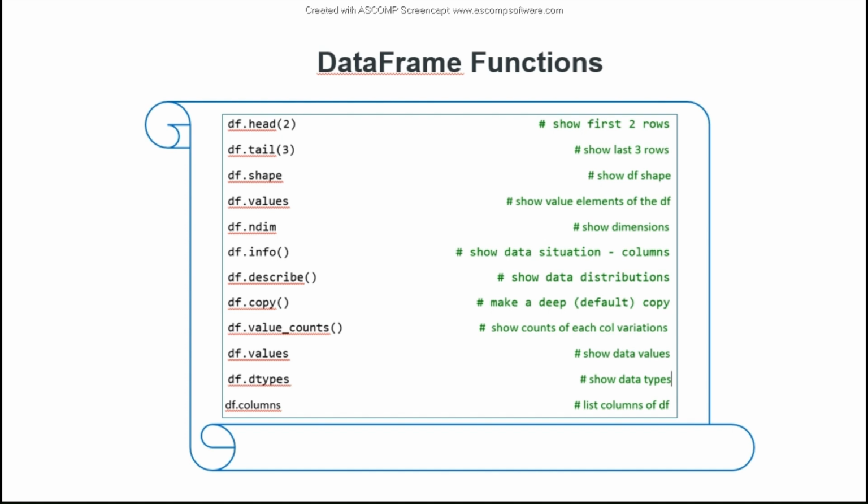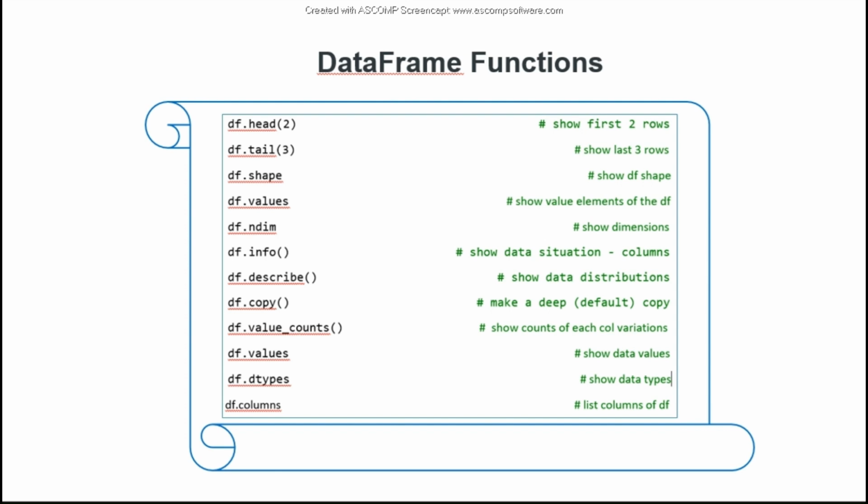Now, let's take a look at some functions embedded in the data frame class. Pandas provides many data frame functions that can be used for data extractions, data slicing, querying, and evaluations. We just listed some common functions here that people may usually use. Actually, in total, we could have 200 more different functions embedded in the data frame.